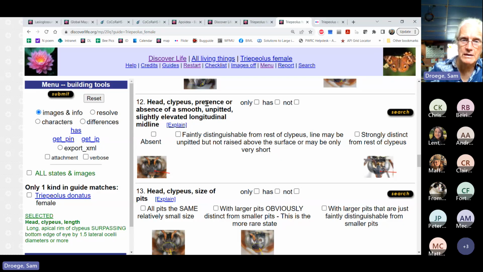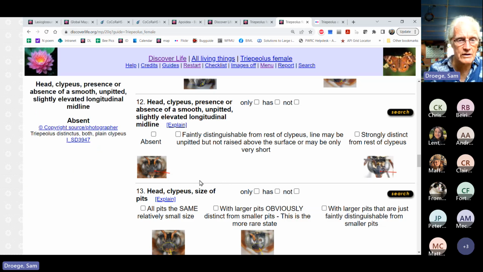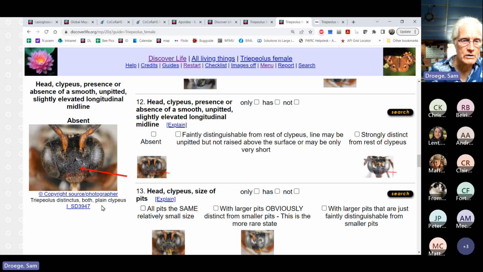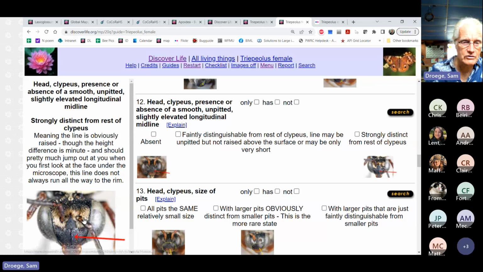You look at the Clippius, and you're looking at a smooth, unpitted, slightly elevated longitudinal midline. So a line going right down the center of the Clippius that's raised, versus something that is just an entire field, as pointed out here, of pitting with no line. This one is illustrating the distinct line going down the middle.